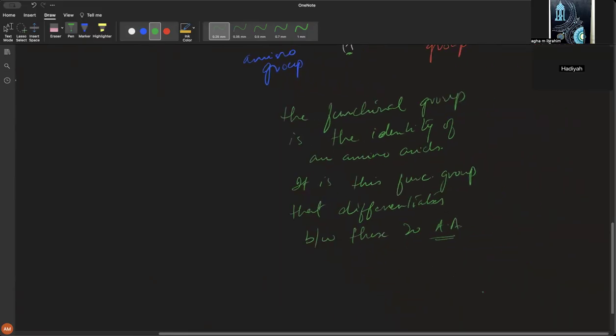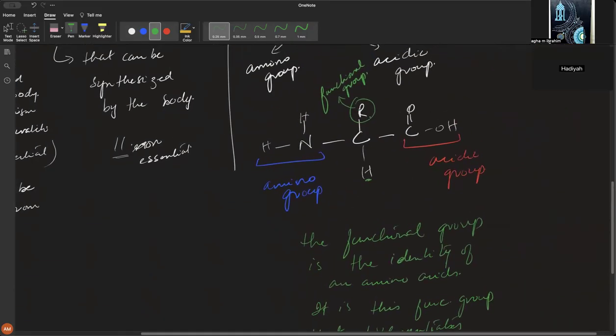You understand? It is this functional group that is different in all of them. It could be many things. Sometimes it is sulfur, sometimes it is methyl, it could be any other thing. It could just be hydrogen, it could be a hydroxyl group, which is OH. It could be any of those things.